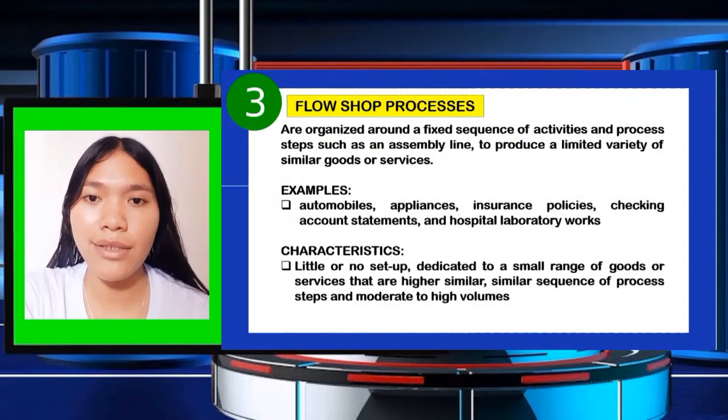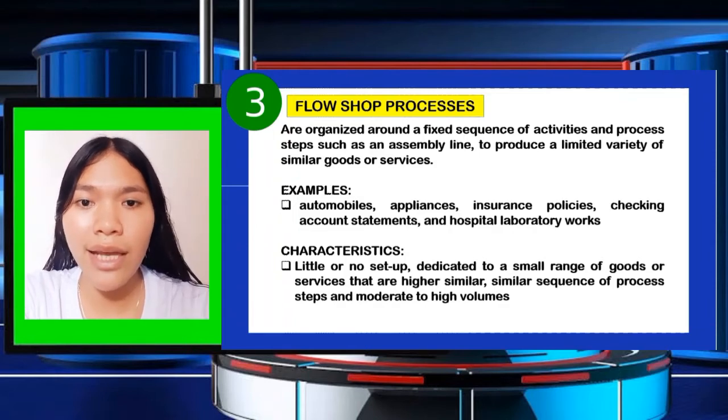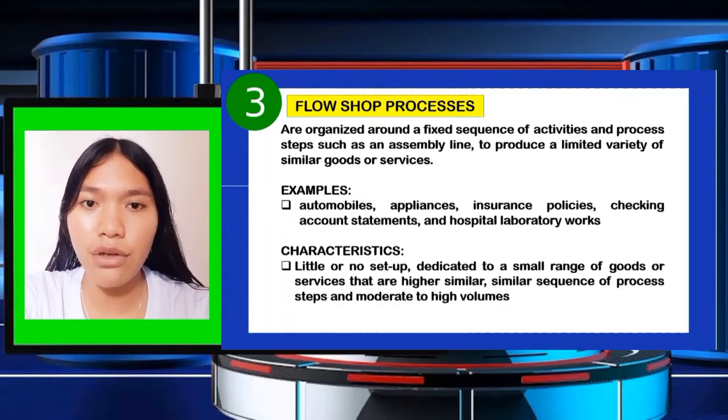So, flow shop processes are organized around a fixed sequence of activities and process steps such as an assembly line to produce a limited variety of similar goods or services. So, here in the flow shop process, the production can be broken down into small, repetitive, continuous tasks. So, it also has a low variety with a high volume of products that are produced.